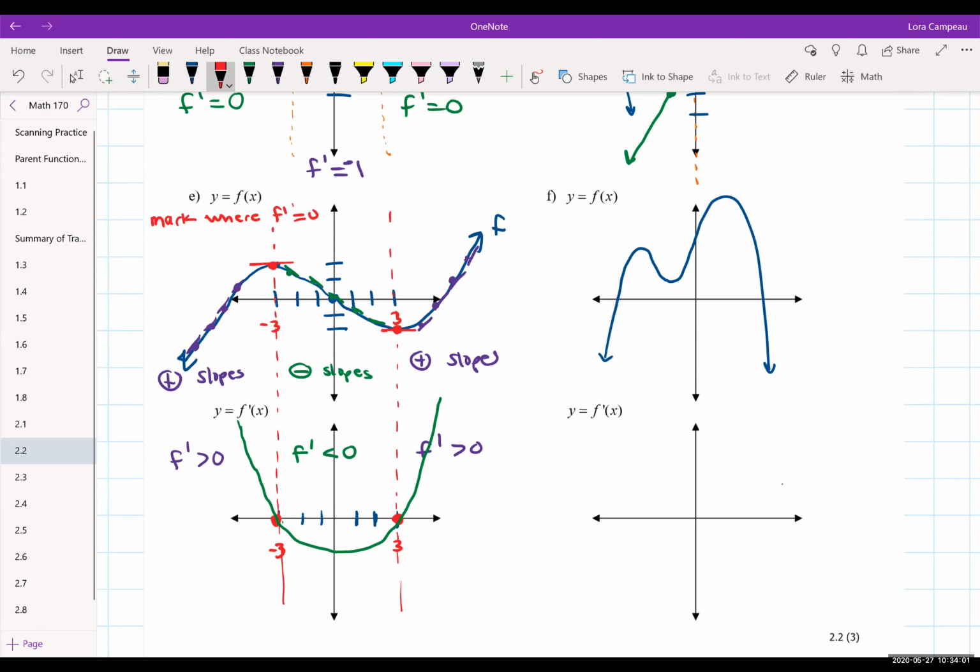And usually when I see continuous functions being drawn, I always look straight for where you have mins and maxes, local mins, local maxes, because that's going to give you a heads up according to where your derivative should be 0.